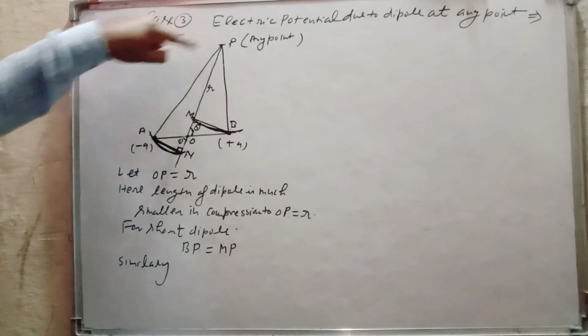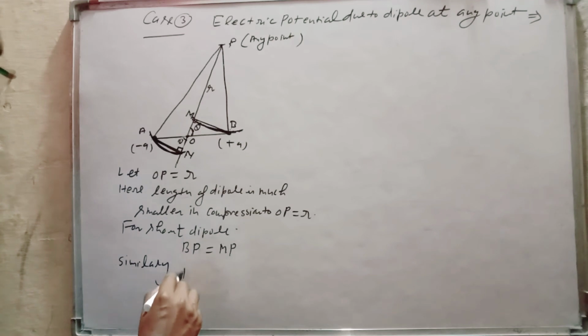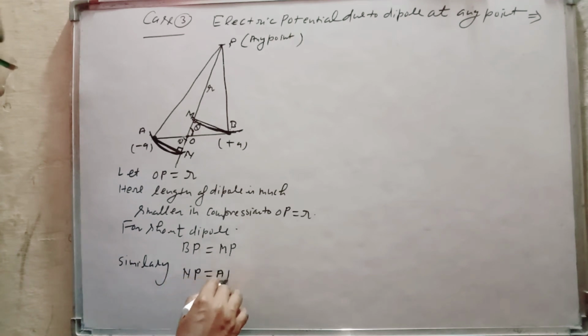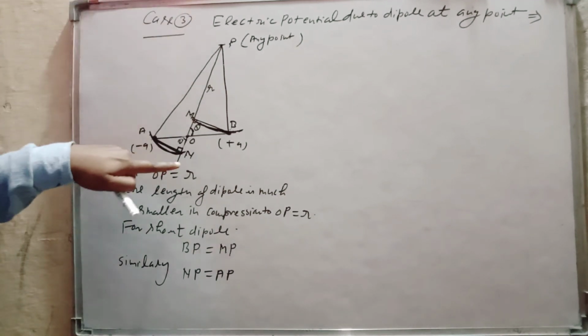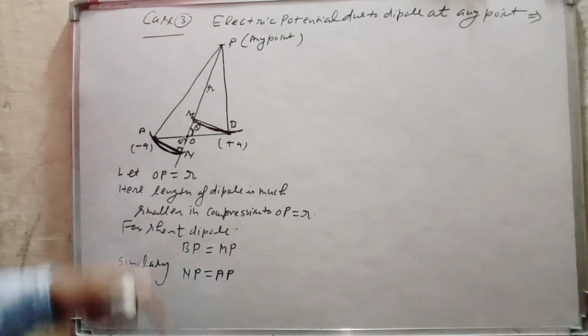If NP and AP are radii, that means NP is equal to AP. Now we find the value of MP and NP from the diagram.